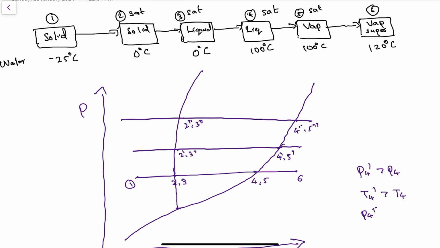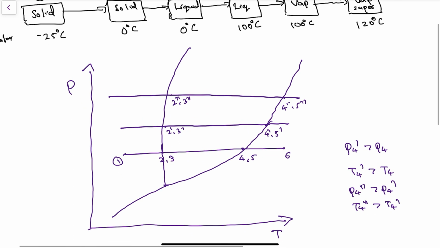Similarly, P4 double dash is greater than P4 dash, and T4 double dash is greater than T4 dash, because for 1 atmospheric pressure, the saturation temperature is 100 degrees Celsius. If we increase to 2 atmospheric pressure, the saturation temperature will be greater than 100 degrees Celsius. We need to find the correct value from the tables, but it is greater than 100 degrees Celsius.